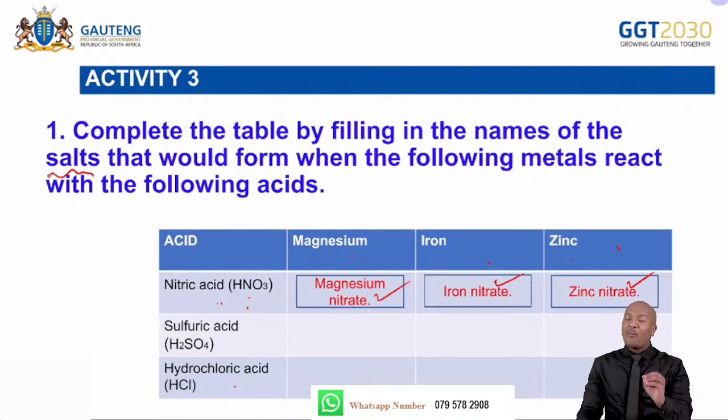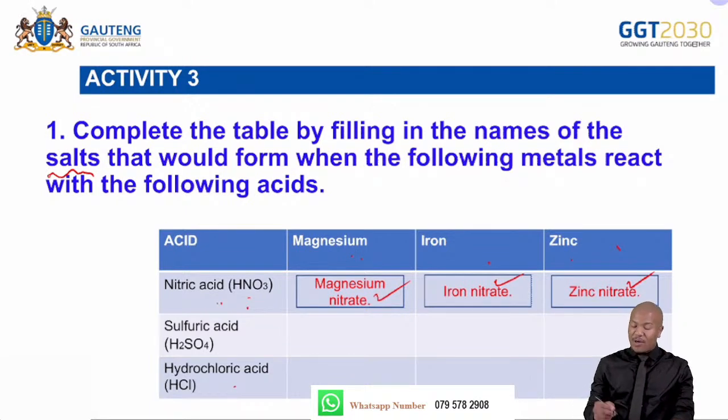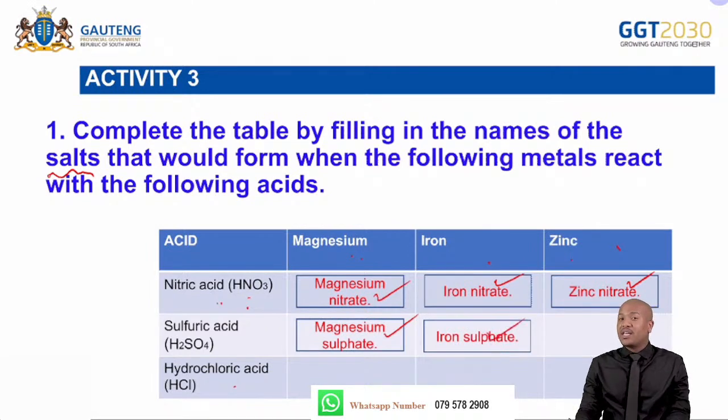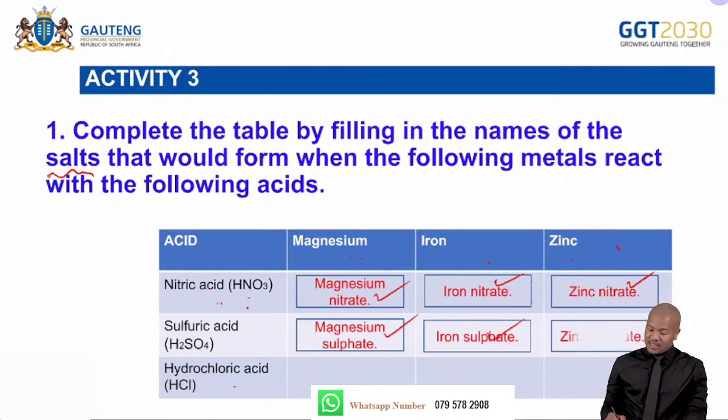What would form as a salt when it reacts with magnesium? It is magnesium sulfate. Mark your work. Sulphuric acid reacting with iron, iron sulfate. Sulphuric acid reacting with zinc, it is zinc sulfate.